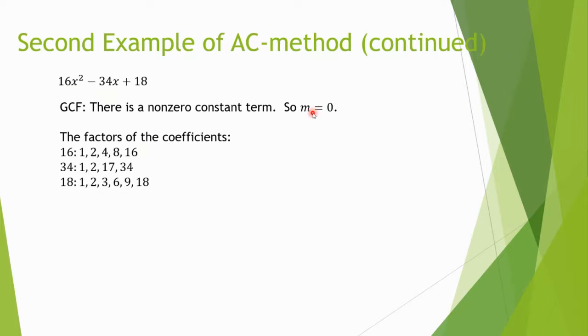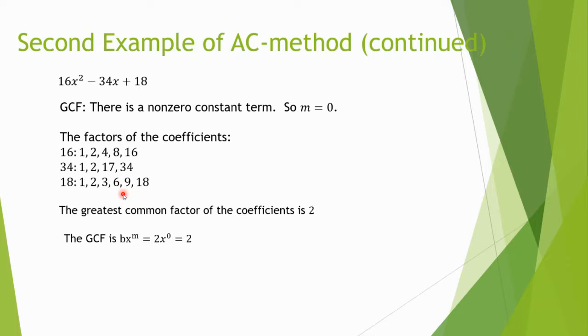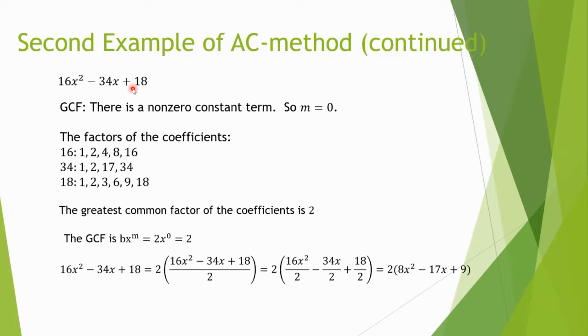So we have m is 0, b is our 2, and because of that, our GCF is 2. So in other words, we can really only factor out 2 so far. Okay, so we do that.